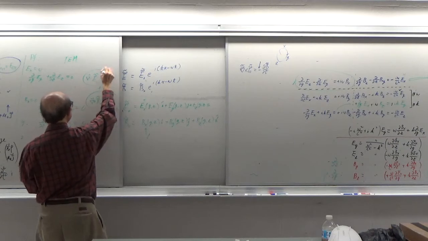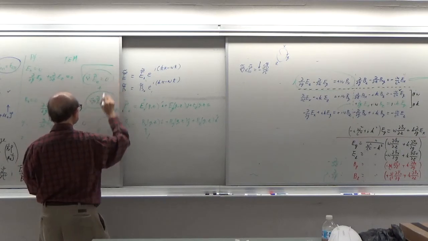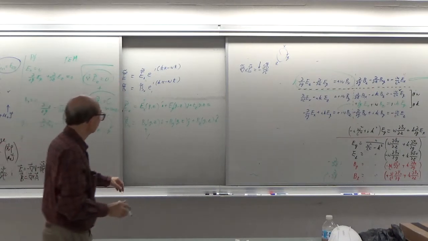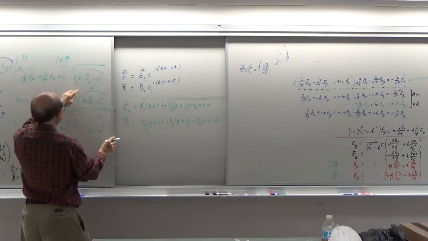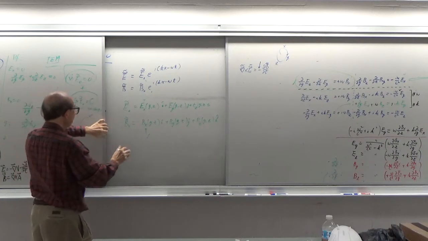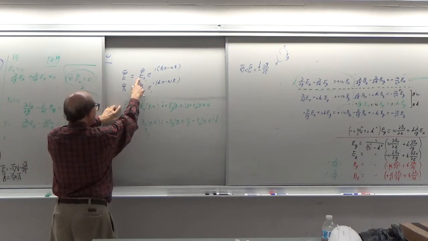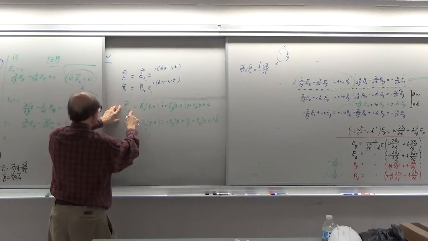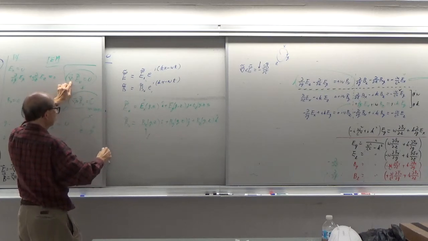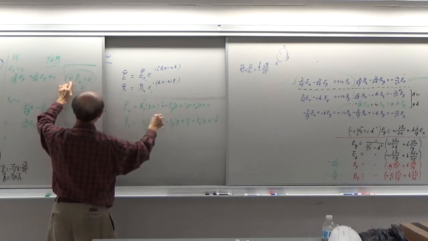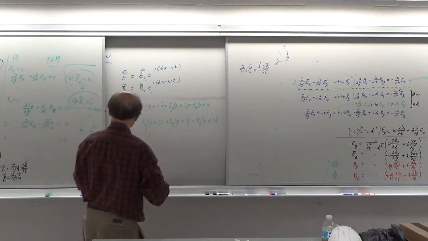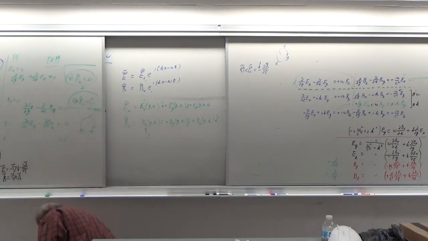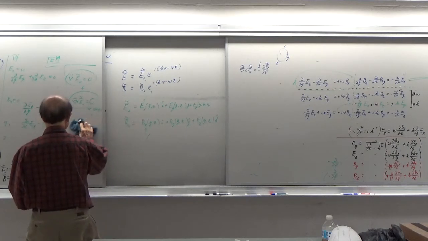So for a TEM wave, the amplitude of the electric field E, those components are both divergenceless and curlless. What does that mean? All right, let me take a look.